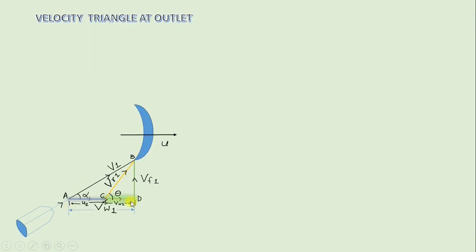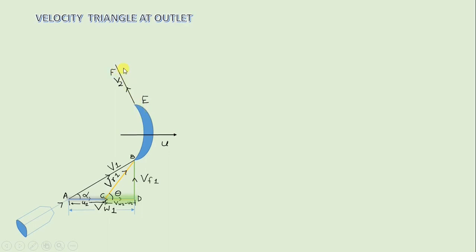So this is the velocity triangle at inlet, and then one by one we will discuss the velocity triangle at outlet. From the nozzle, a high velocity jet of water is coming and glides over this curved surface and leaves at velocity V2. Or you can say that the high velocity jet of water at velocity V1 strikes at tip B, flows through this curved surface and leaves at tip E at velocity V2.